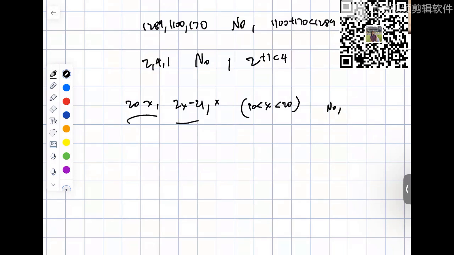What if you try these two? What would that sum be? What happens if you add 20 minus x and 2x minus 21?